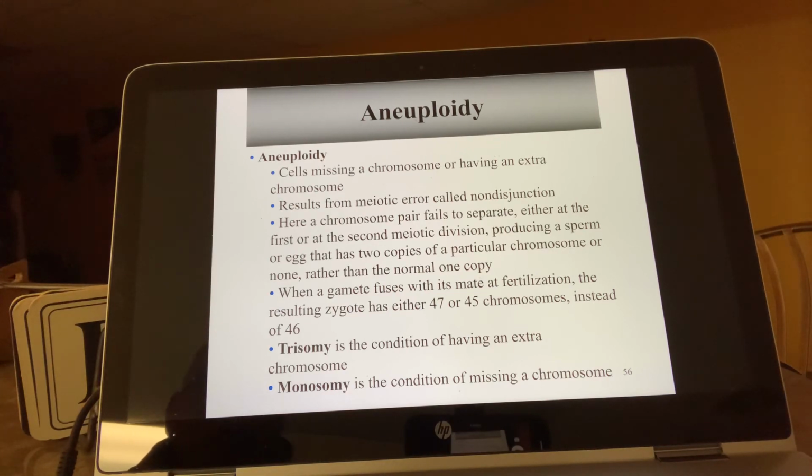If you have an extra chromosome, it's considered trisomy. That means you have a third version of one of the chromosomes. And monosomy is a condition where you have one less chromosome. You will have 45 chromosomes. Trisomy, you'll have 47 chromosomes.